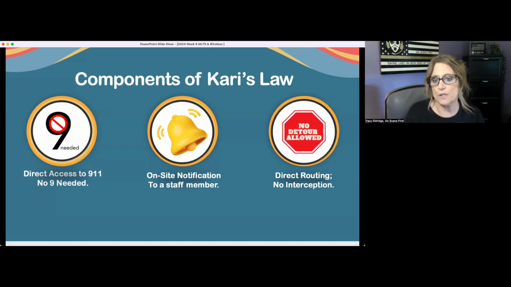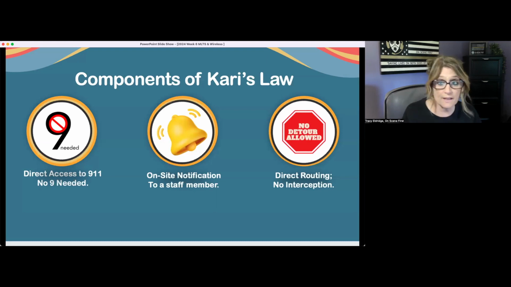The place where you as a 911 telecommunicator can make sure that Kari's Law is being enforced is here. This is the one place where you can 100% make a difference with Kari's Law and potentially save a life. And that's if a call is misrouted to you, or if you receive a 911 call from any other location, you need to fill out a discrepancy report.